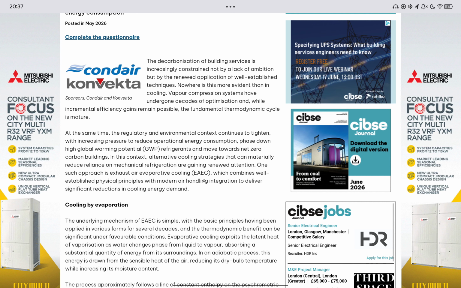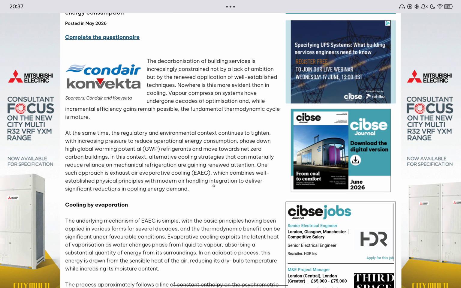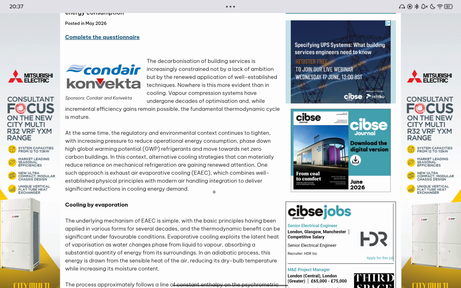At the same time, the regulatory and environmental context continues to tighten, with increasing pressure to reduce operational energy consumption, phase down high global warming potential (GWP) refrigerants, and move towards net zero carbon buildings.